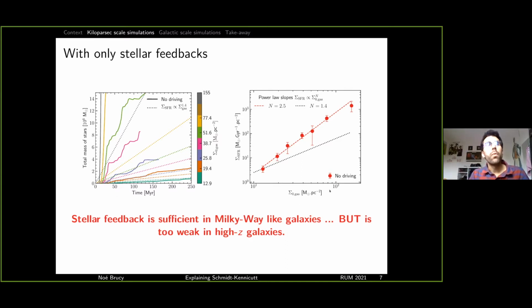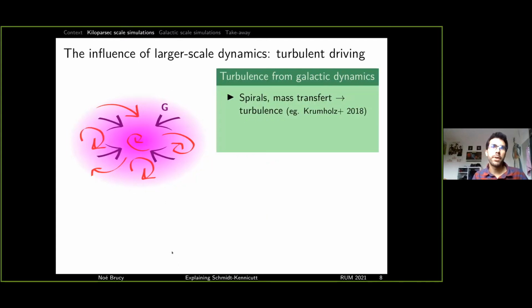One possibility is that because we only simulate the midplane of the galaxy, we are missing all the large-scale dynamics of the galaxy, such as perturbations that create spiral arms, but also the turbulence due to the angular momentum transport when we have a radial mass transfer.